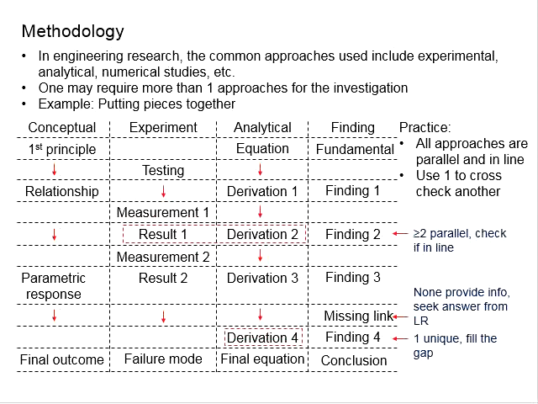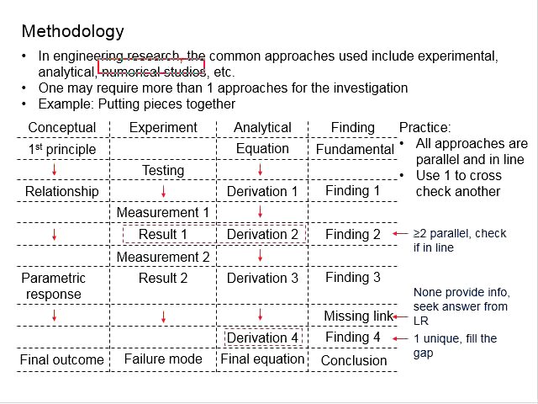Or maybe you want to conduct your study by putting emphasis on numerical study and then complement it with experimental study. That means now numerical study will be 70 and experimental study will be 30.